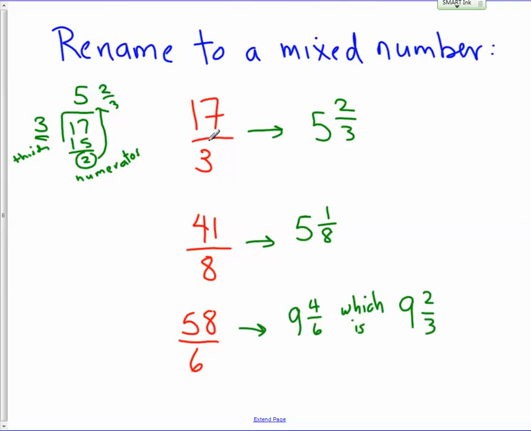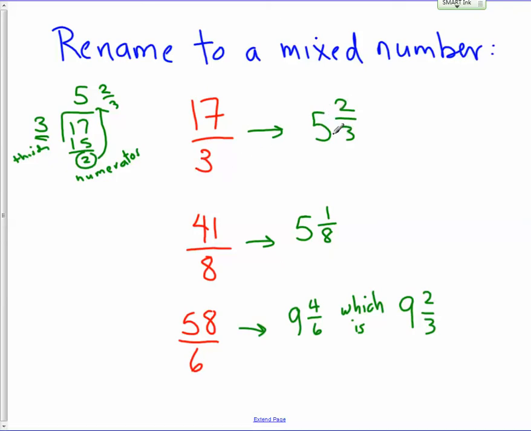Remember, this means divided by, so this is like 17 divided by 3. I want to know how many thirds are in 17 thirds. So I can get 5 groups of 3/3 out of there because that's 15 thirds, and I have 2 left over. And that 2 left over is your numerator, and we're still talking thirds out of every group of 3. So 17 thirds is 5 2/3.